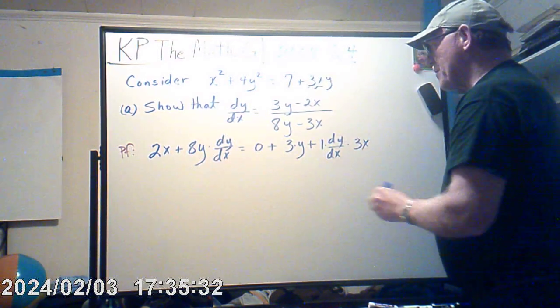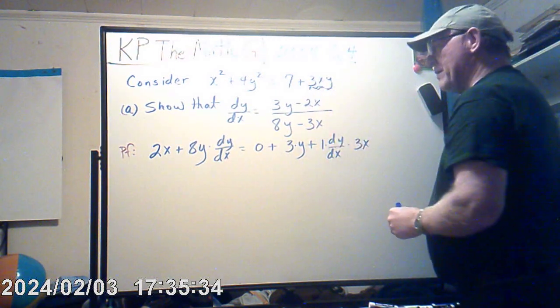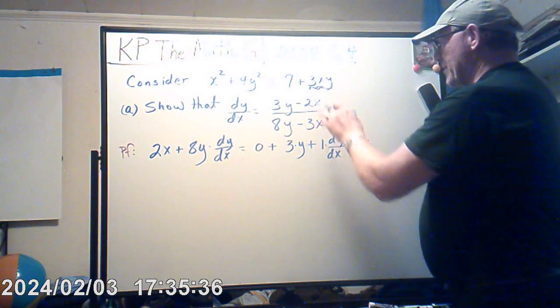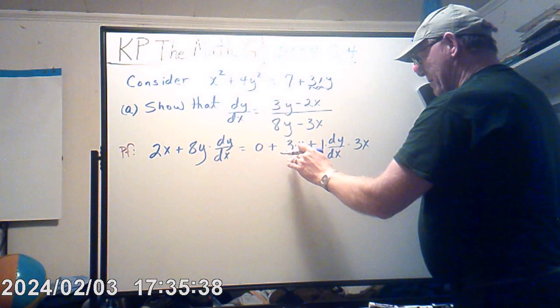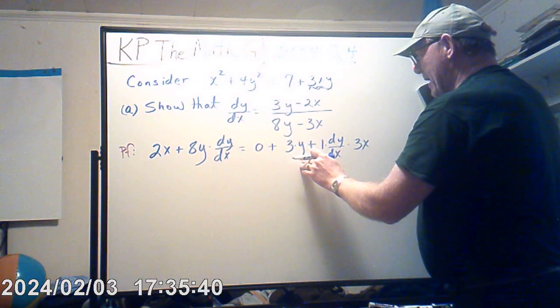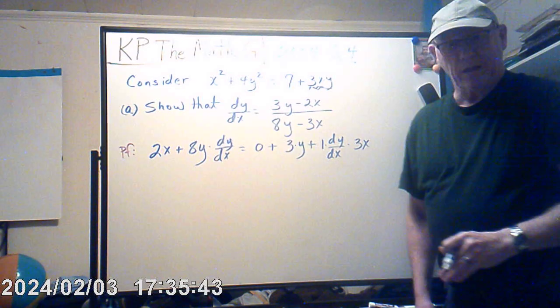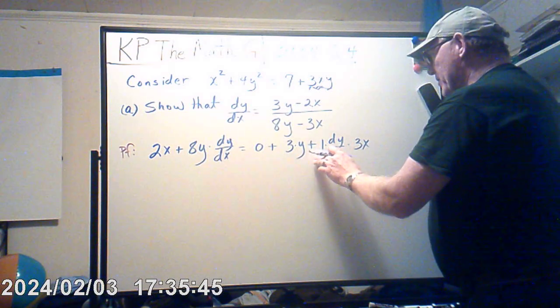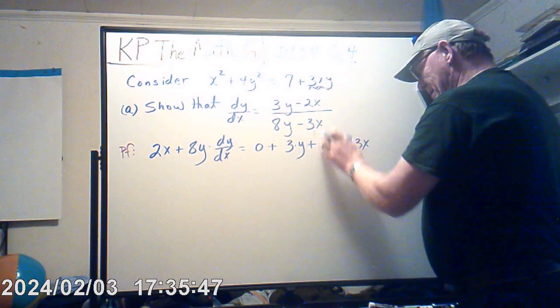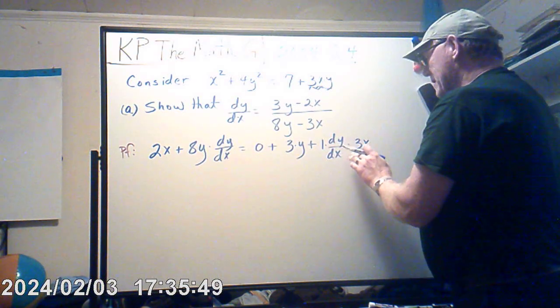So that one is the product rule. The derivative of the first times the second, plus the derivative of the second, that's going to introduce that dy over dx times 3x.